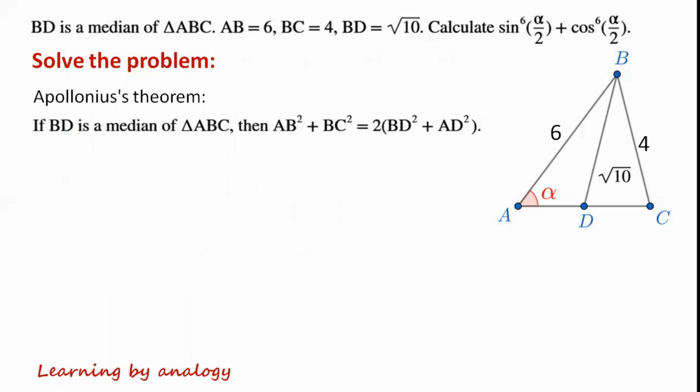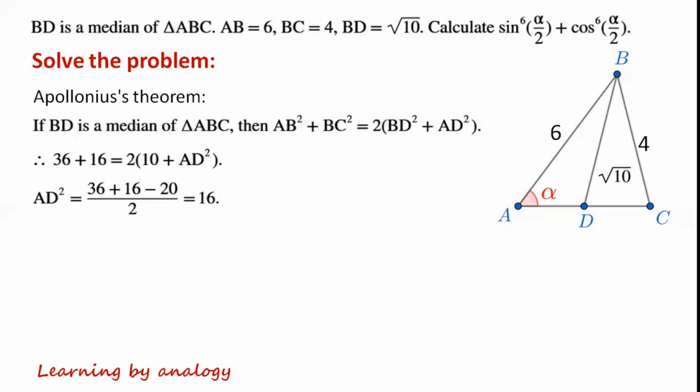Apollonius' theorem states that if BD is a median of triangle ABC, then AB squared plus BC squared equals 2 times BD squared plus 2 times AD squared. So 36 plus 16 equals 2 times 10 plus 2 times AD squared.